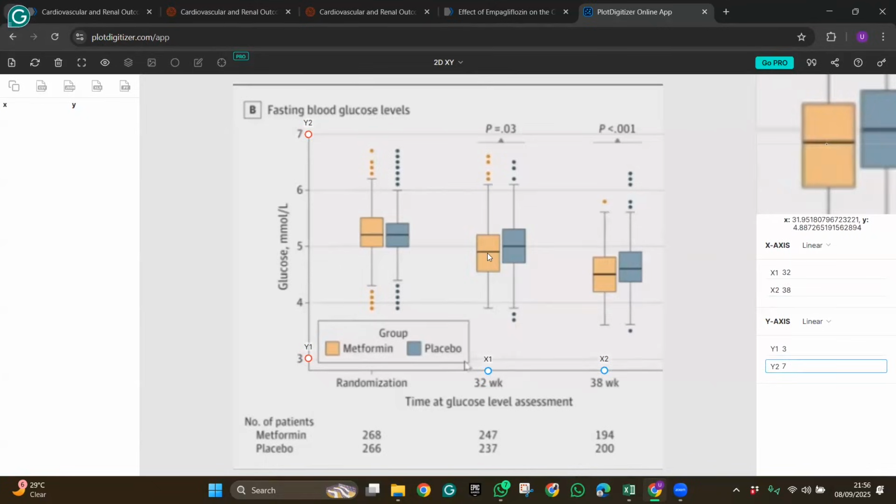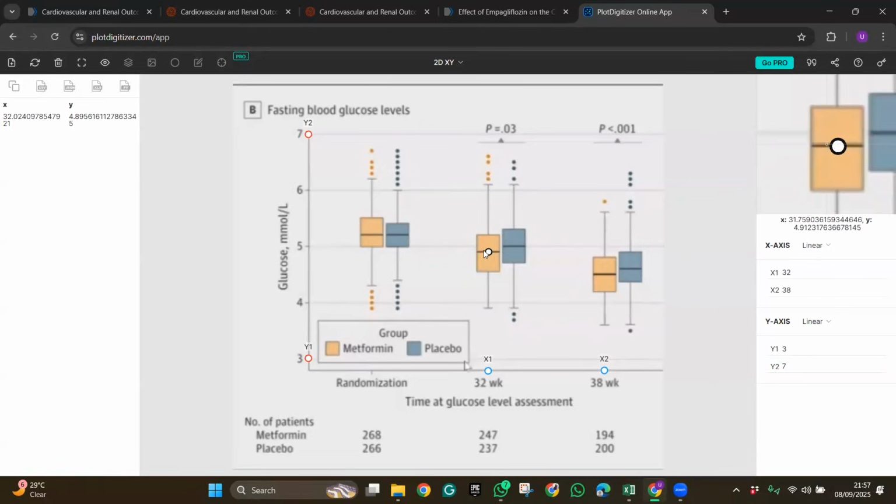Now, what I'll do is move this cursor till I get a 32 at my x-axis. I'll move it. Okay. I got a 32 here, right in the center. I'm going to click here.